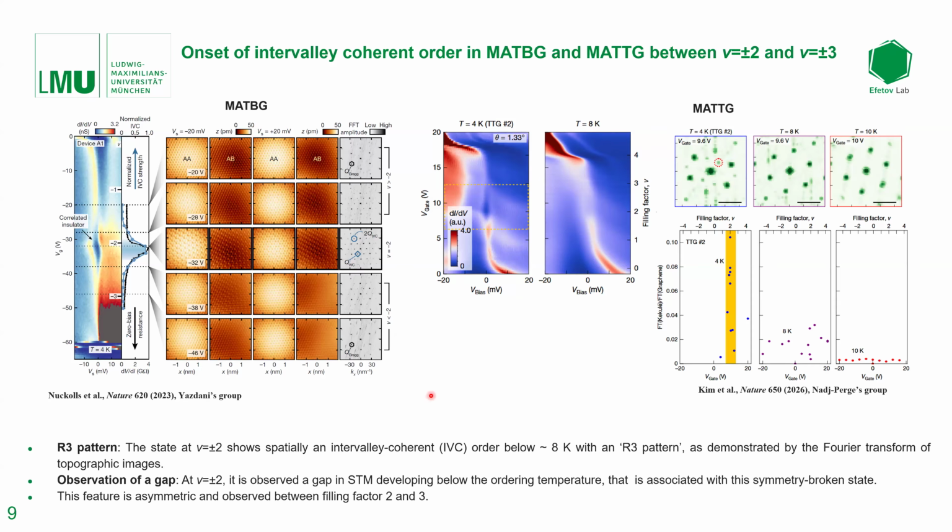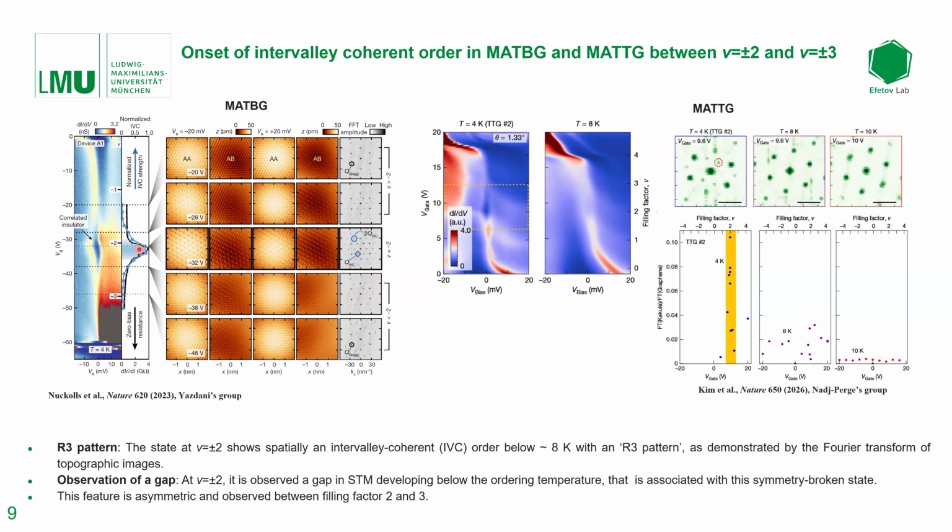What they have seen is that they observe a correlated insulator gap around filling factor -2, and then slightly shifted from this -2 region, most closely to 2, but really extending also almost to a filling factor -3. They also observed an R3 pattern, which existed just in this particular region.